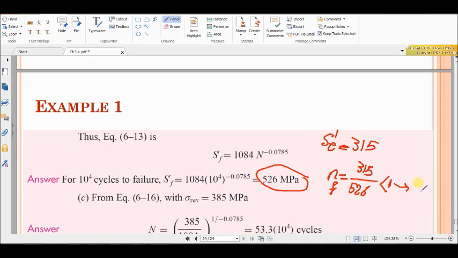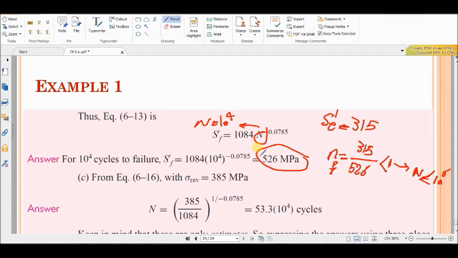Then the number of cycles is less than 10 power 6, because n was 10 power 4, right? That means if you substitute 350 here, you will get 10 power 6.